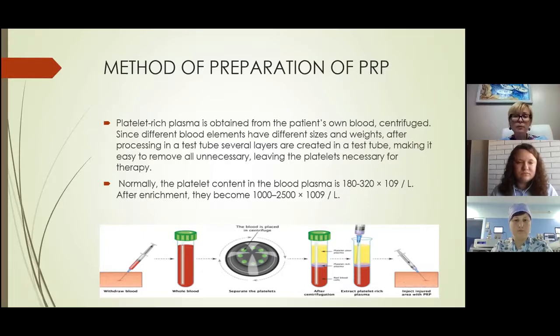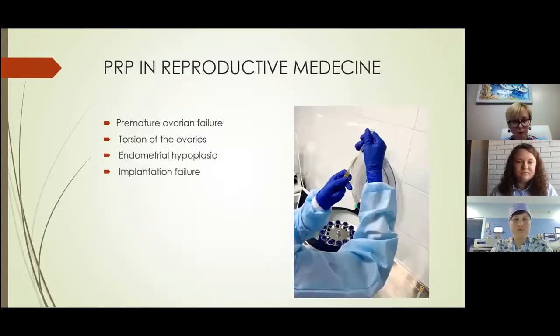As these blood cells have a lot of different growth factors and a lot of specific molecules which stimulate the growing of cells, some processes of formation of tissue, we can use this portion of the whole blood for some kinds of treatments.